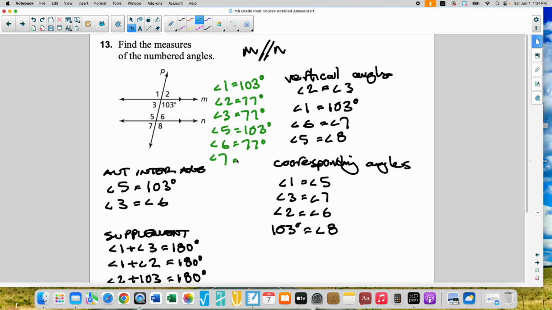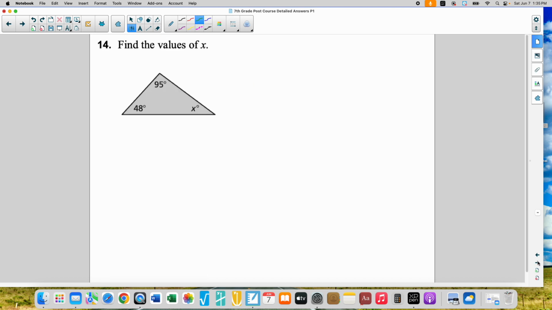Angle 7 is equal to 77 because they're vertical with 6, and angle 8 is vertical with 5, or corresponding with 103. So those are our measures of our angles. 1 is 103, 2 is 77, 3 is 77, 5 is 103, 6 is 77, 7 is 77, and 8 is 103.